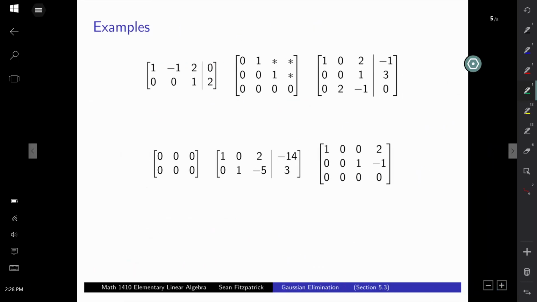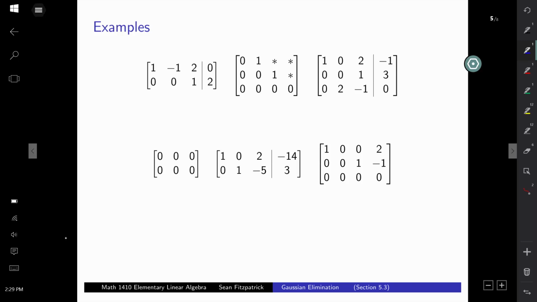Okay. Now, here are some examples just to make sure that we have the idea of row echelon form and reduced row echelon form in place. Let's see if we can identify whether these are in row echelon form, reduced row echelon form, or neither. So the first one, is it in row echelon form? Well, any rows of all zeros?